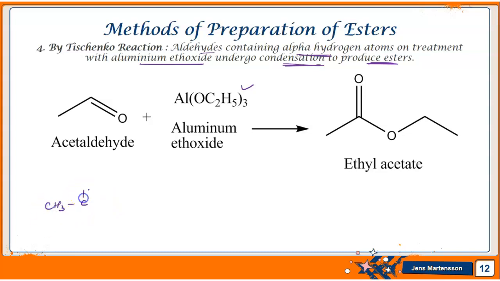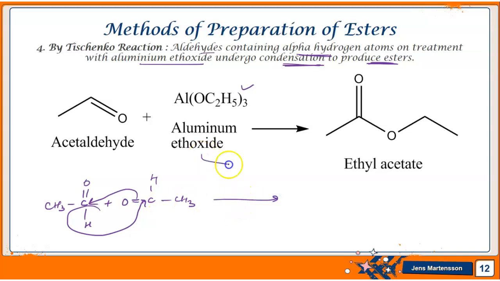You can see the two molecules of acetaldehyde like this, and let me write it down for you. This is how it is done. There will be condensation, and in the presence of aluminium ethoxide only, it leads to the formation of this particular structure, that is ethyl acetate. So that is how this reaction proceeds.